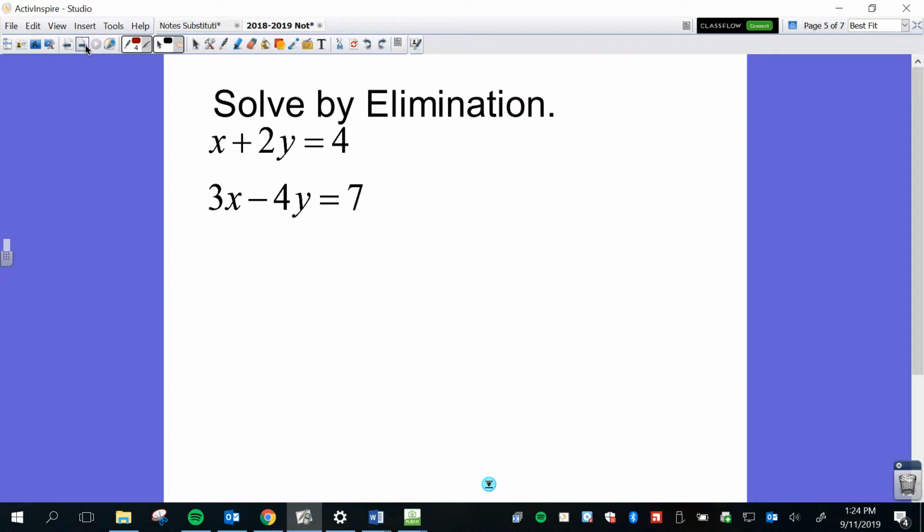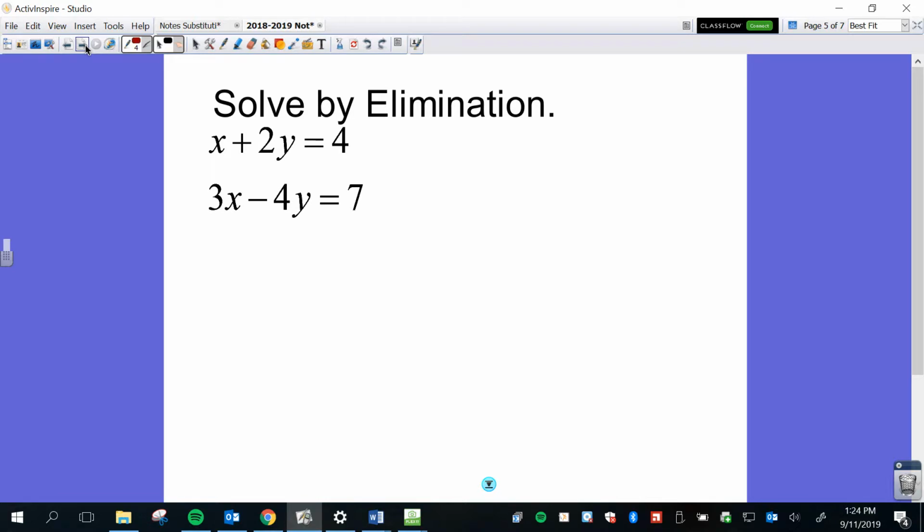If I choose to do that with x, what would these numbers have to be? Positive and negative what? 3. And that one's already a 3. The top one would have to be multiplied by negative 3. And then I have negative 3 and 3. Okay? I could do that. If I choose to have y be eliminated, what could I make these numbers up to be?